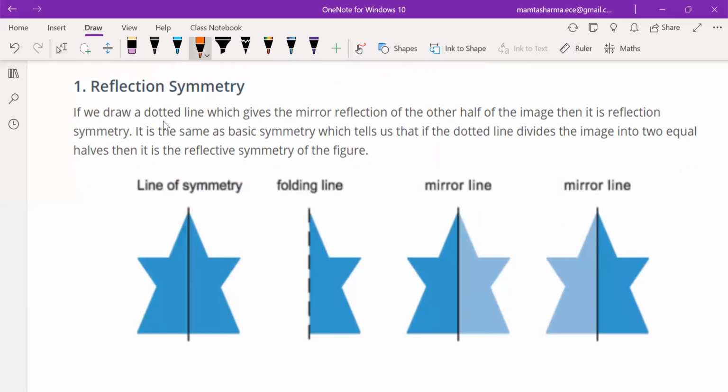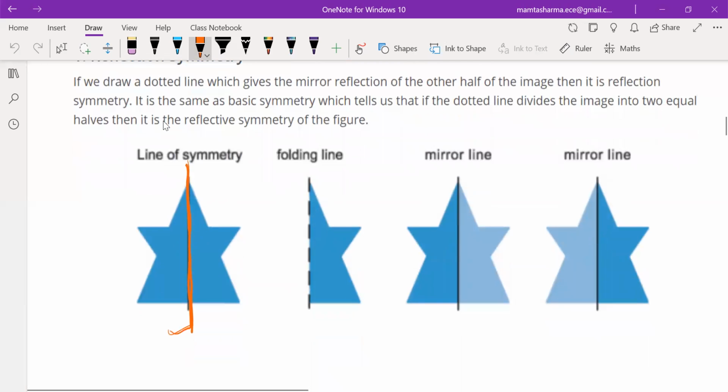If I take this shape, and this is the line of symmetry, and you put the mirror on the line of symmetry, the same exact half shape would appear on the mirror. Clear? So this is a reflection symmetry. The same reflection would be seen on the mirror.